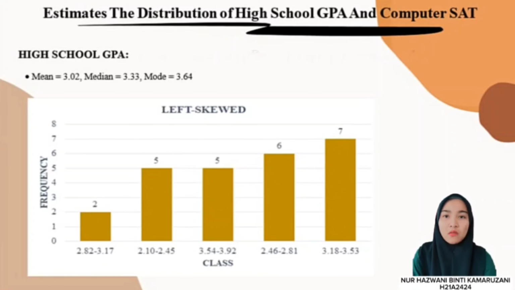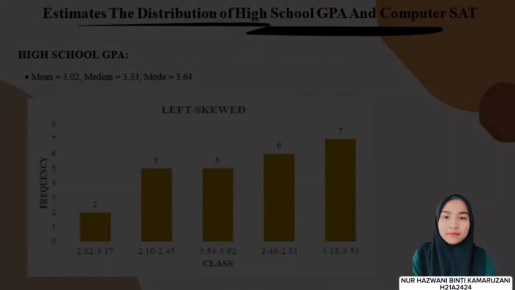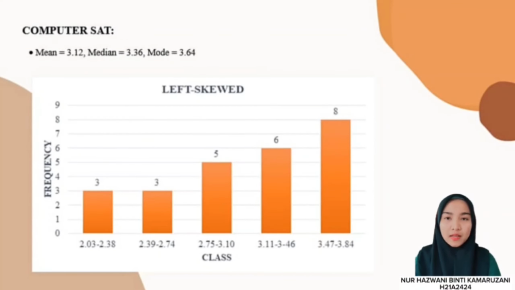After that, the mean for high school GPA is 3.02, the median is 3.33, and the last one is mode, which is 3.64. For the computer SAT, I also use the graph left skewed. The mean for computer SAT is 3.12, the median is 3.36, and the mode is 3.64.